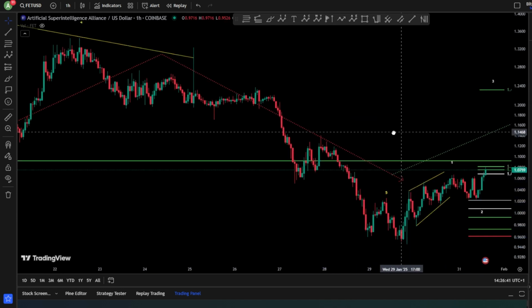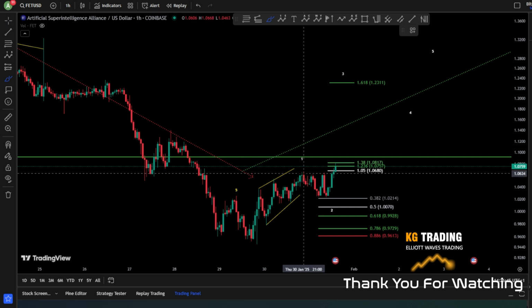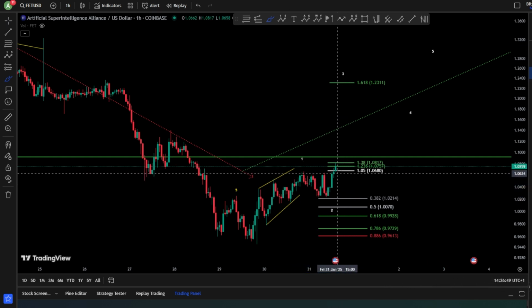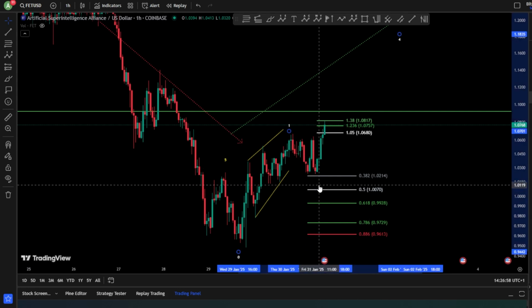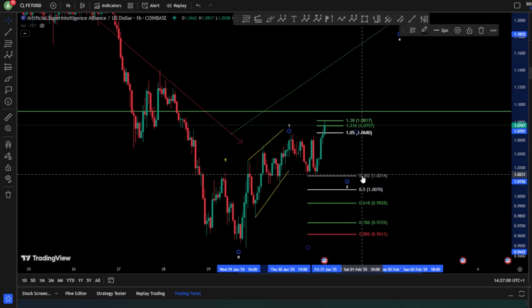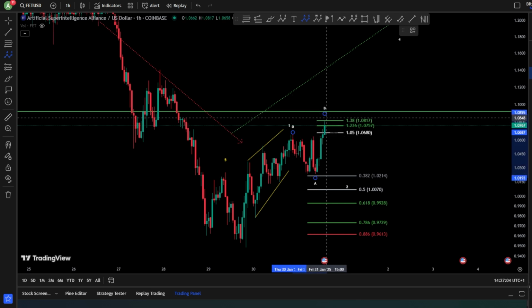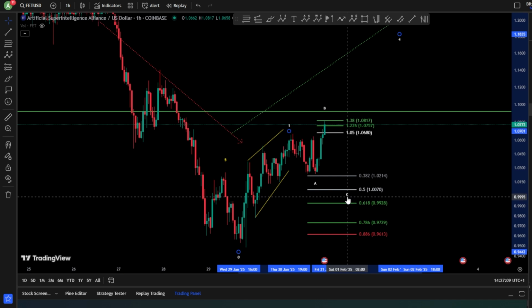So I suggest being careful with it because this as well can turn into an expanding flat, and that is because we have reached perfectly the 1.38 fib level, as you can see here, for a wave B, probably in an A, B, and a C. So we still have to be careful. We did not touch the minimum requirement probably here, and we have to seek after a wave C here, probably for a wave 2.